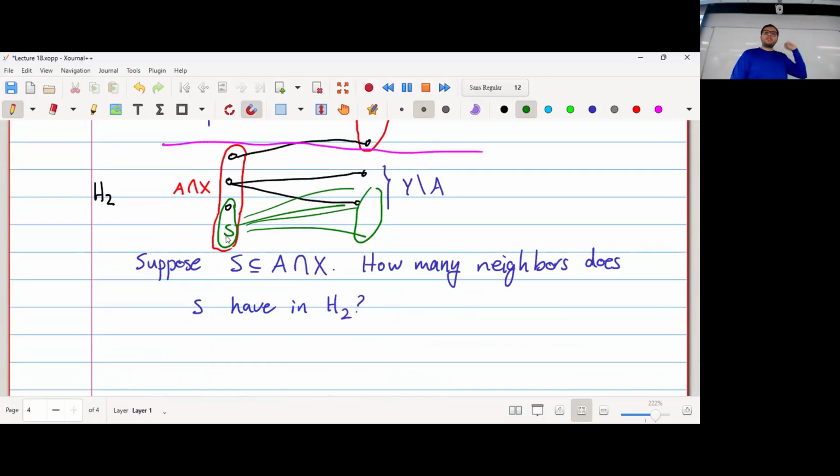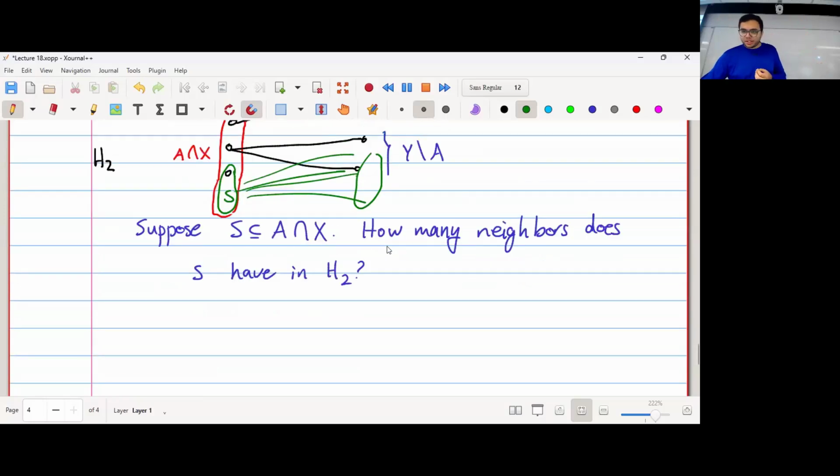I can remove S from my vertex cover and add the neighbors to the vertex cover, because these neighbors also cover the same edges. Maybe they also cover some extra edges, I don't know, but at the very least, they cover everything that S covered. So I can say that the size of the neighbors of S in this graph H2, which I write as N2 of S, is at least the size of S.